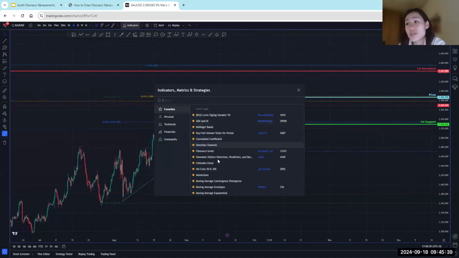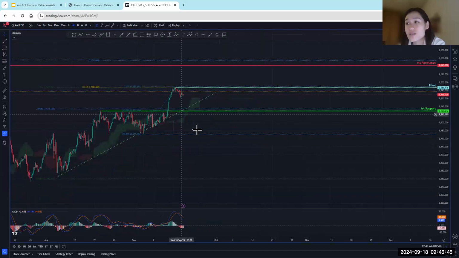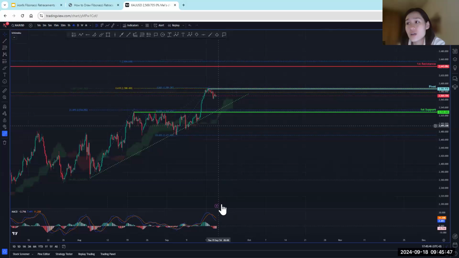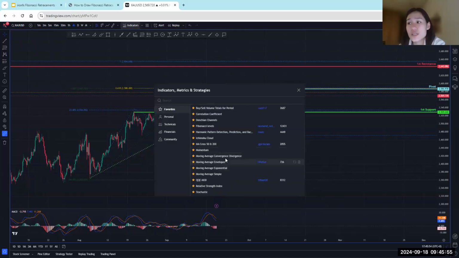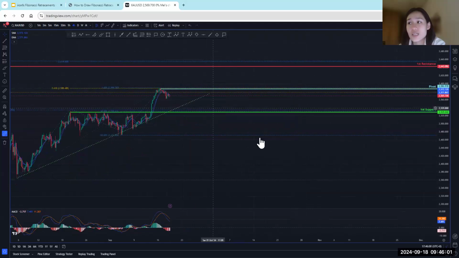Maybe let's take a look at some indicators to see if they support our analysis. You can see MACD does support our analysis that prices will continue to drop slightly. So I'll get rid of Ichimoku since that doesn't support. Let's look at our moving averages. I like to look at both the SMA and EMA.